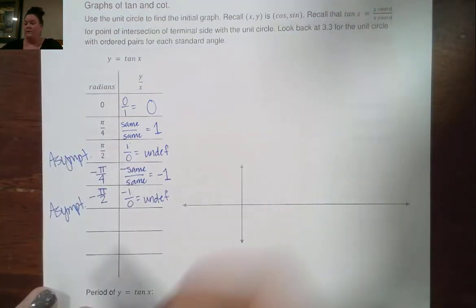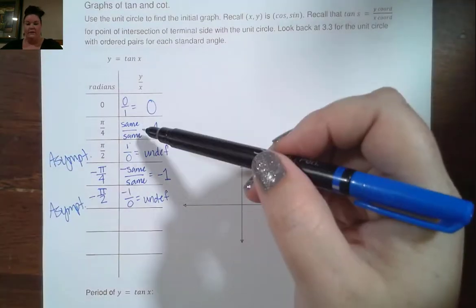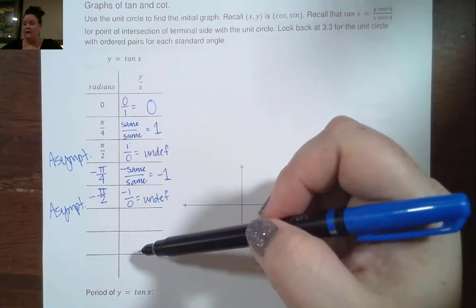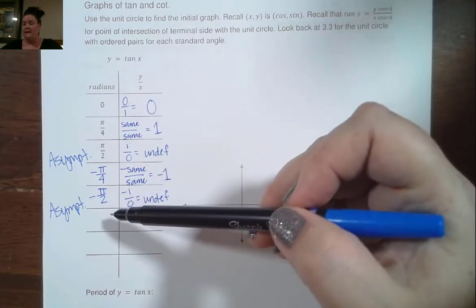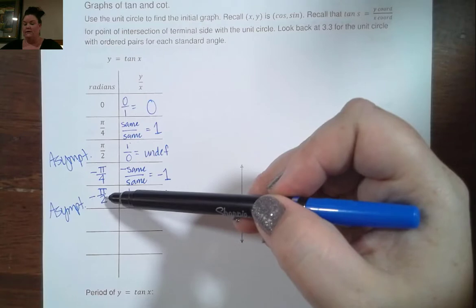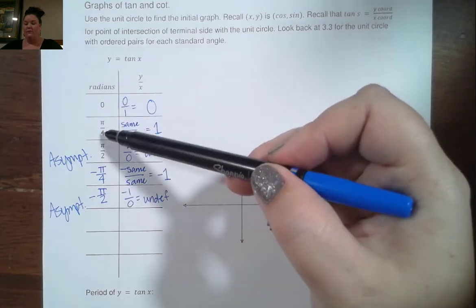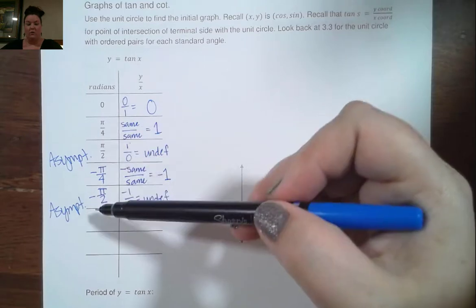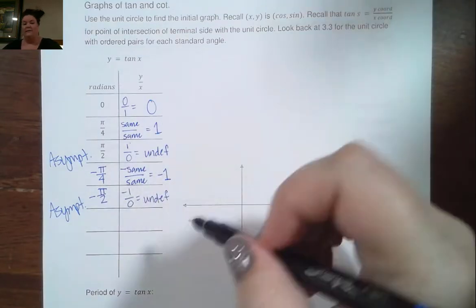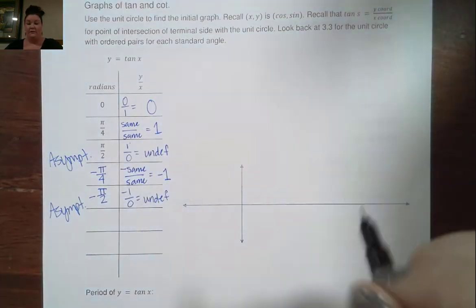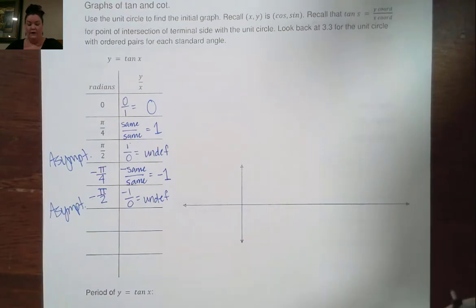All right, and I'm going to write this out prettier than how this is, because I'd really like for it to go from negative pi over 2 to negative pi over 4 to 0 to pi over 4 to pi over 2. Like, I'd like for it to be in order. But I want y'all to be able to see the values, okay? So we're going to go ahead and go by pi's over 4.